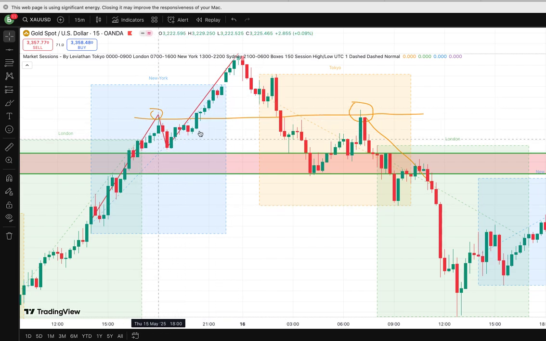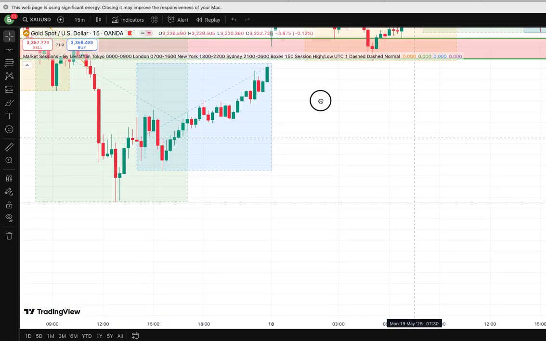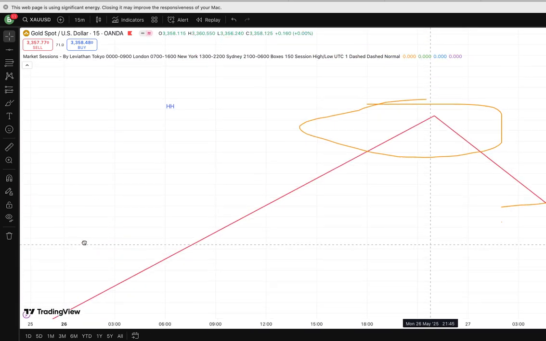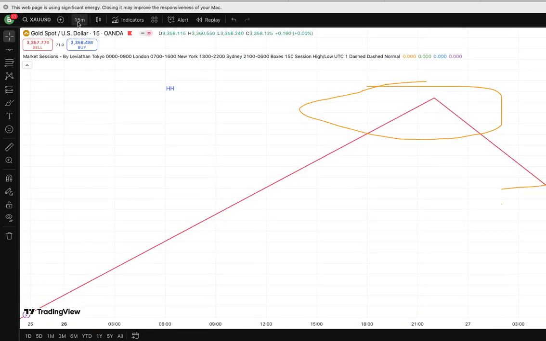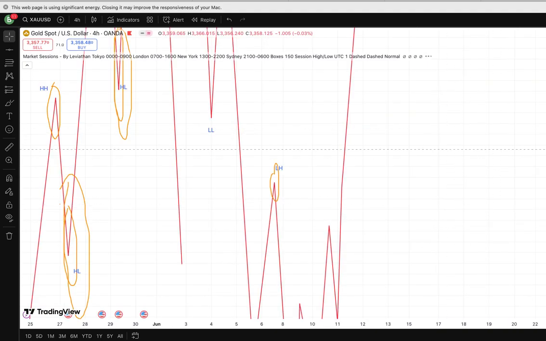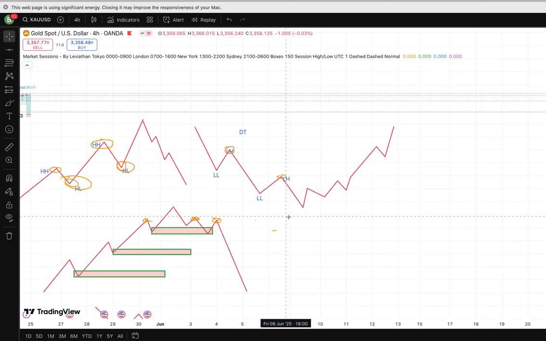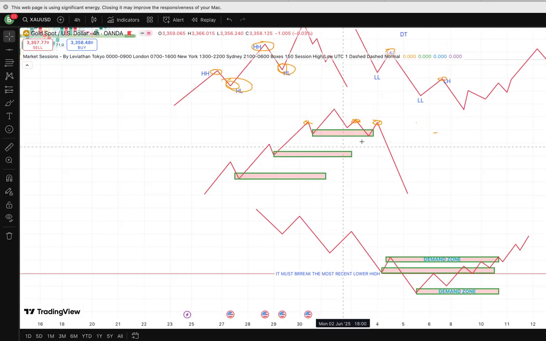Look at what I drew at this particular point. This candle is here already, when I was explaining in the 4-hour time frame. You can see this is it.